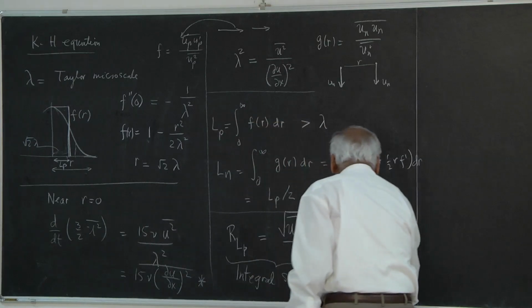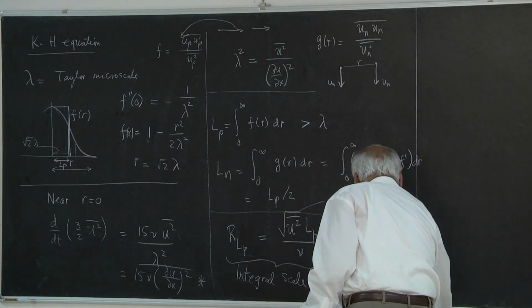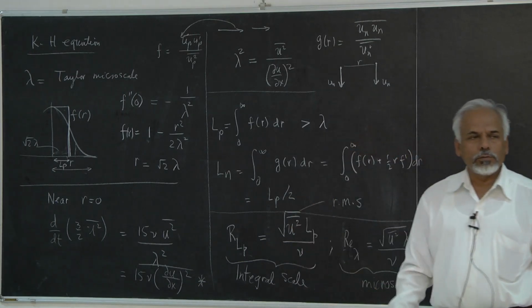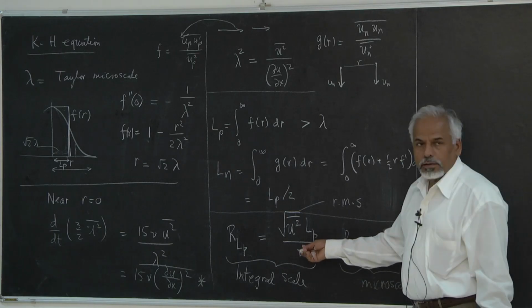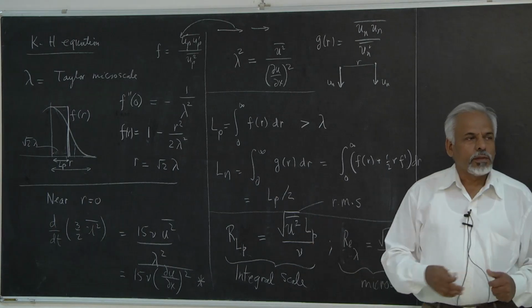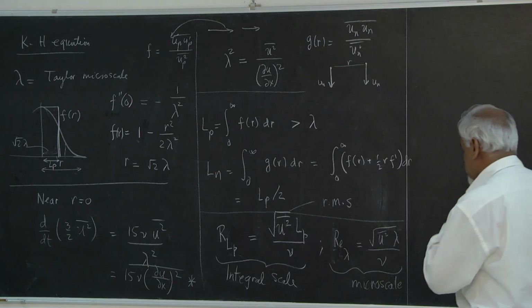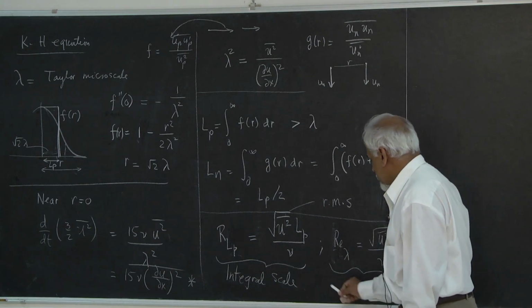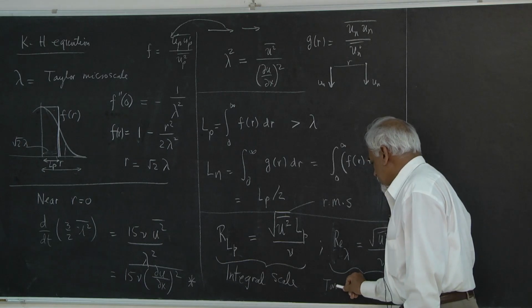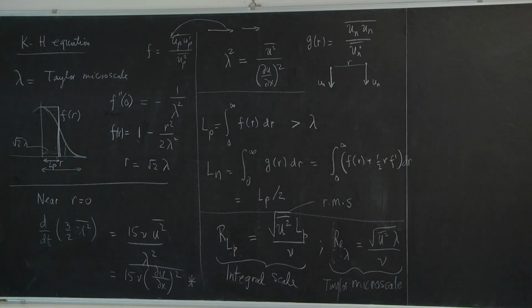And this is the microscale Reynolds number. So if you look at any paper on turbulence, you will either get this Reynolds number or Re_LG, or you get this Reynolds number. So you have to know what Reynolds number one is talking about. Usually they specify this microscale Reynolds number. Sometimes they say Taylor microscale, but basically it is the same with or without the suffix Taylor. And the integral scale is always defined that way.